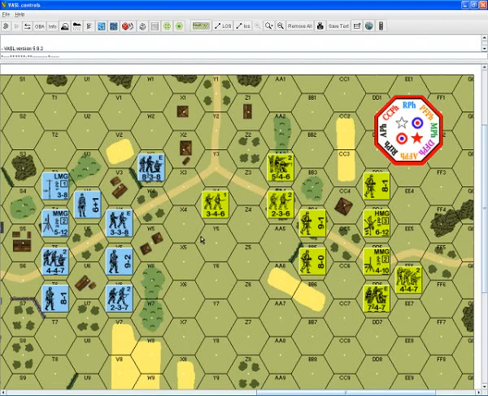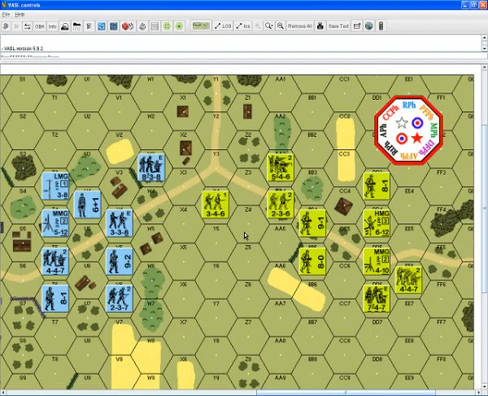Once your movement is complete, the defender then gets to fire all of his units that have not fired, do not have a first fire counter on them. Once he's finished all of his firing, then your advanced fire phase comes. Those units that had not prep fired can then shoot, but they're shooting at only half firepower.